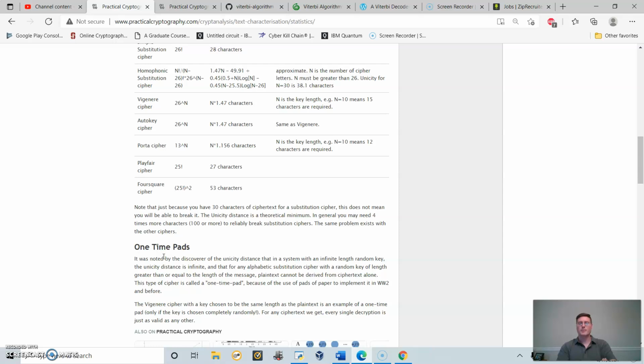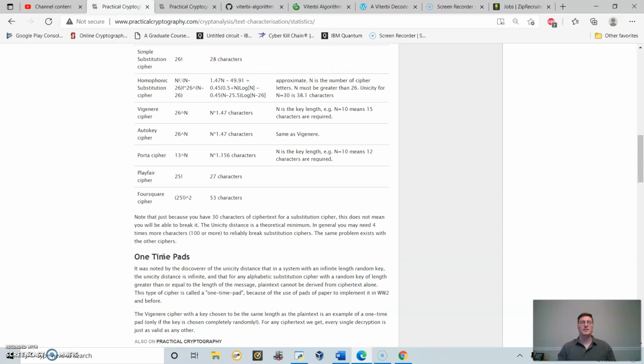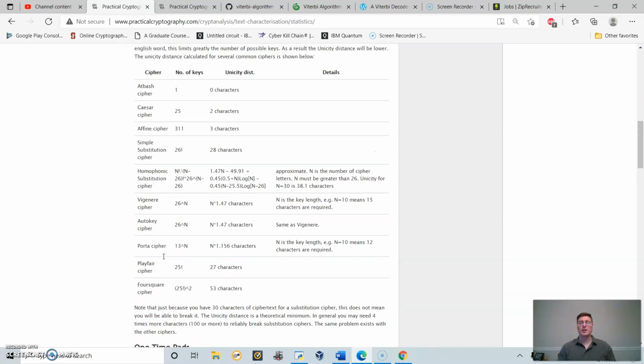So you may not be able to have 3 of the same character types in a row. And that is based on the unicity distance of the particular algorithm you're using so that you don't make the key span smaller and essentially make the crypto system weaker. So it's one of the practical applications of unicity distance, and look forward to applying it more.